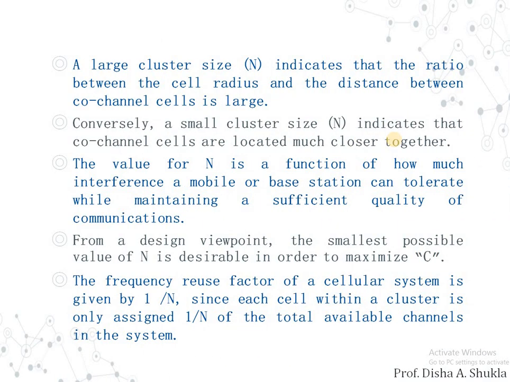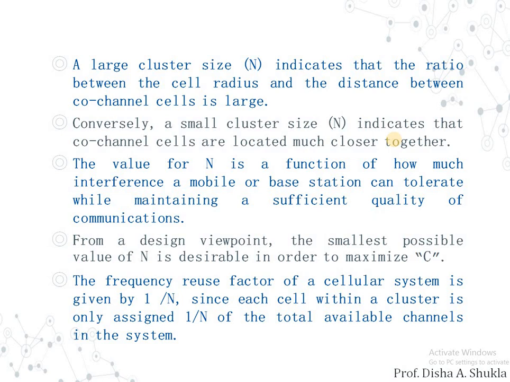A larger cluster size n indicates that the ratio between the cell radius and the distance between the co-channel cells is larger. As and when the cluster size increases, the ratio between the cell radius and the distance is larger, that is, the reduction factor is larger.